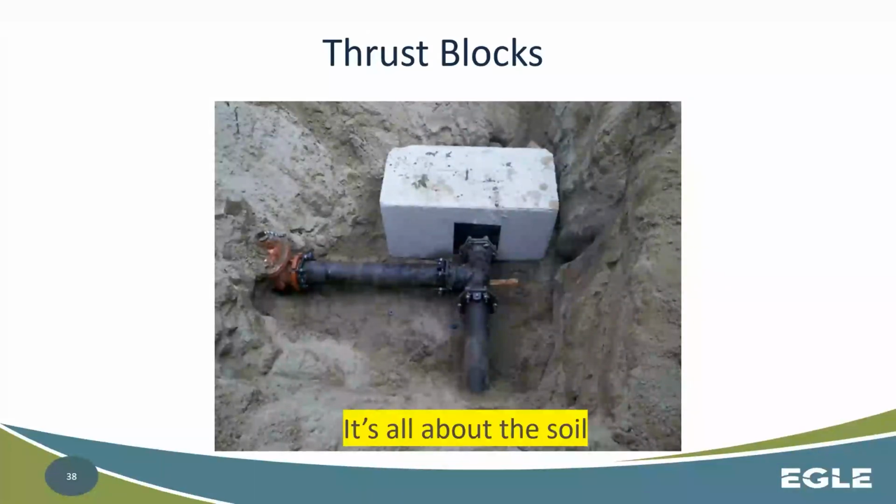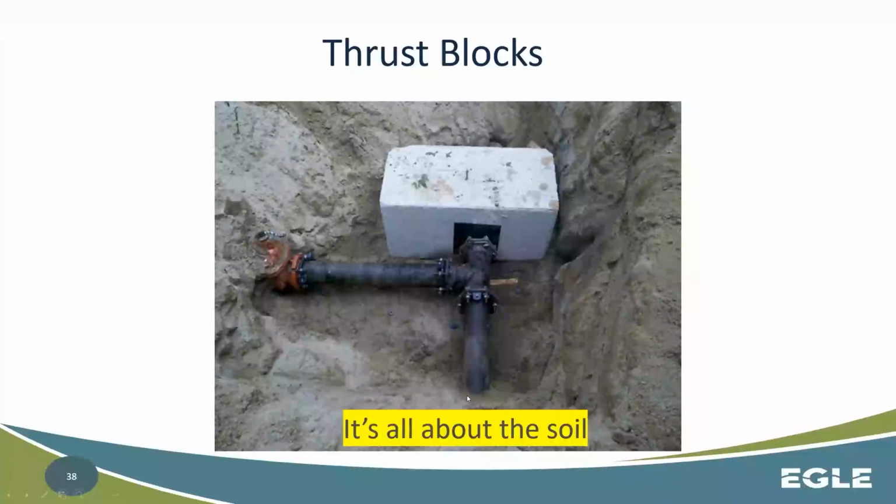So it's all about the soil. As it mentions there, a big aspect of this is making sure that there is unaffected, untouched soil on the other side of that. So you have a big thrust block up here, but maybe there is some soil removal here. The biggest thing is just that soil isn't going anywhere, so that thrust block has something to disperse all that energy into.